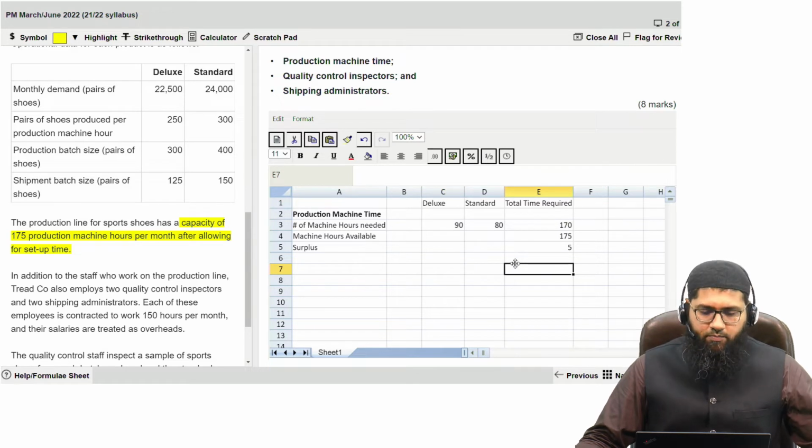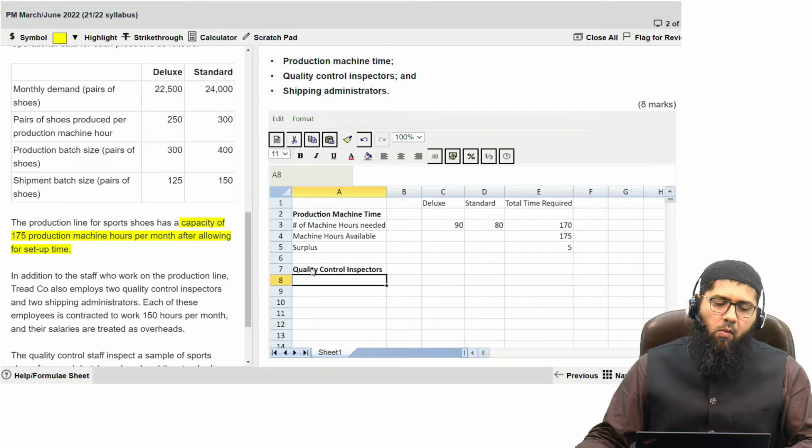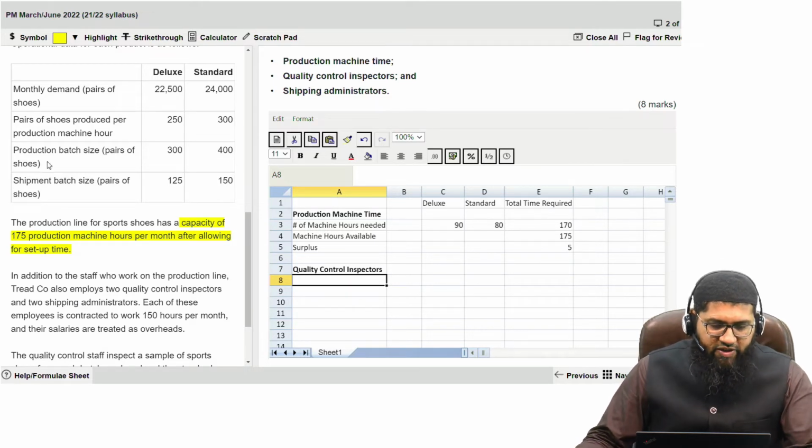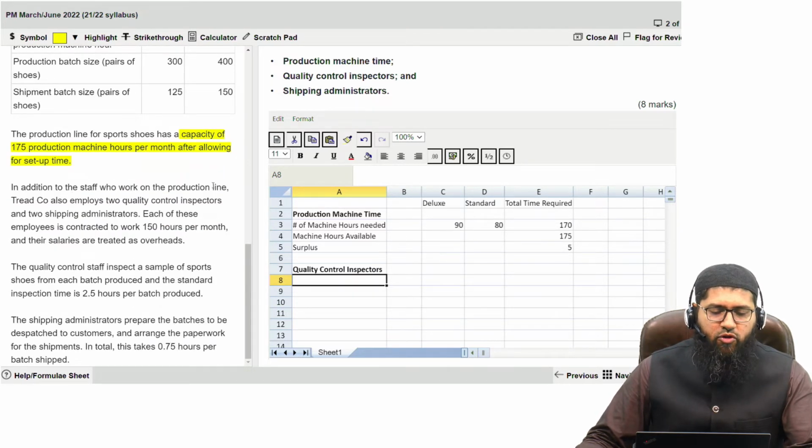Is this okay to all? If I talk about quality control inspectors, it says production batch size is this, shipment batch size is this. In addition to the staff who work on the production line, Trade also employs 2 quality control inspectors. Each of these employees is contracted to work 150 hours per month.